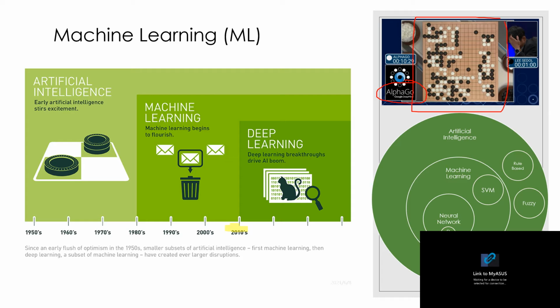Go has lots of possibilities, and if you only use if-then rules or traditional machine learning methods, definitely you cannot find the solution in a very short time. But with the power of AlphaGo, they combined deep learning with computer vision and, of course, reinforcement learning.